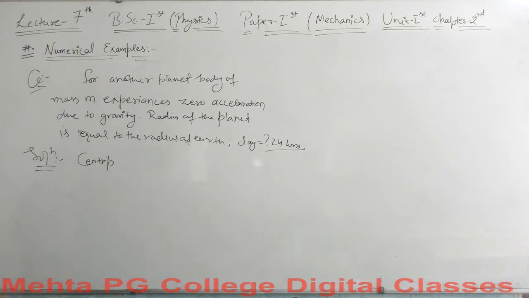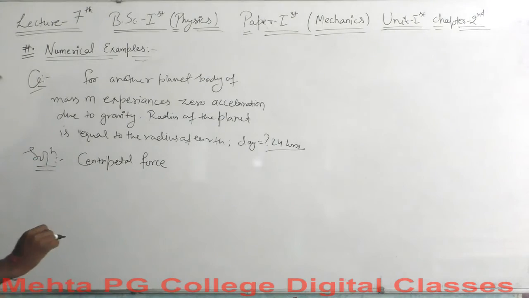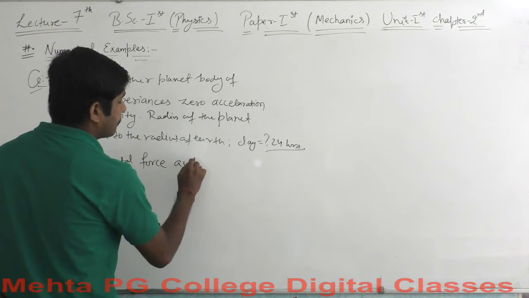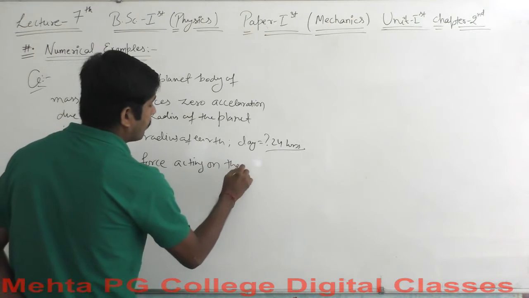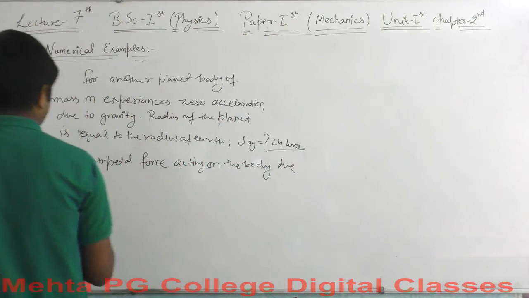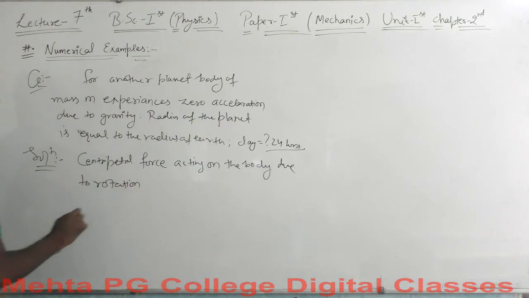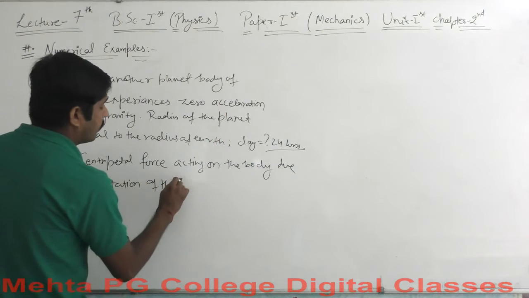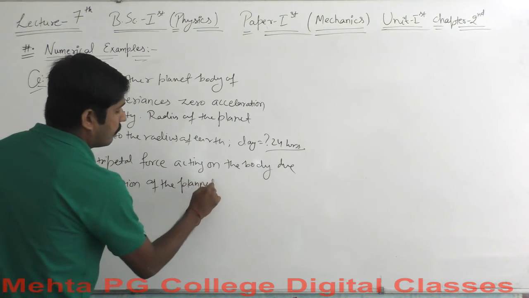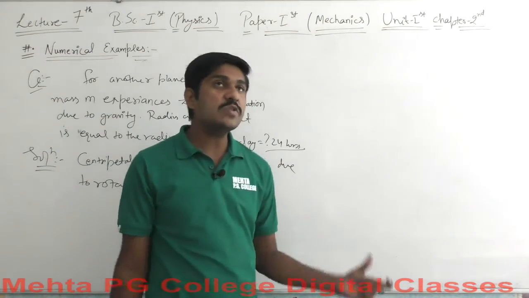What should be the centripetal force acting on the body due to rotation of the planet? So what should be the value of acceleration? What should be the value of centripetal force?